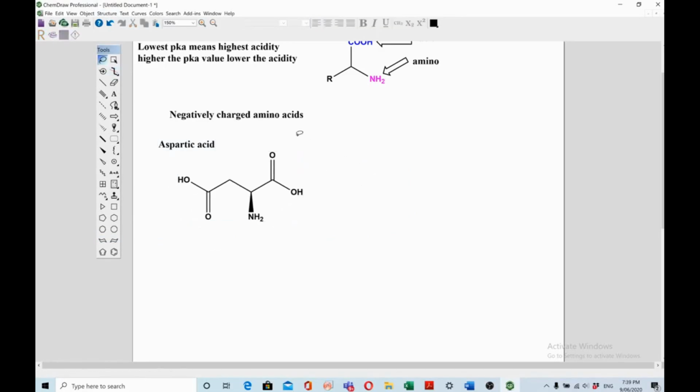This amino acid contains 2 acidic groups, one is this, and this is a basic group, NH2. The negative charge is here, and the 3-letter code for aspartic acid is ASP, and the 1-letter code for this is D.